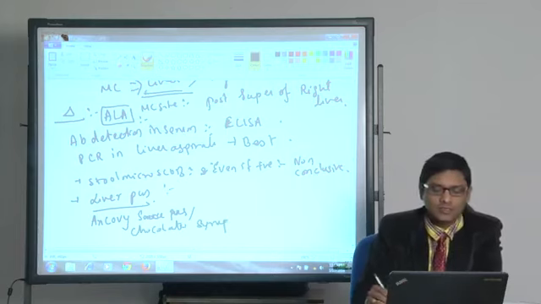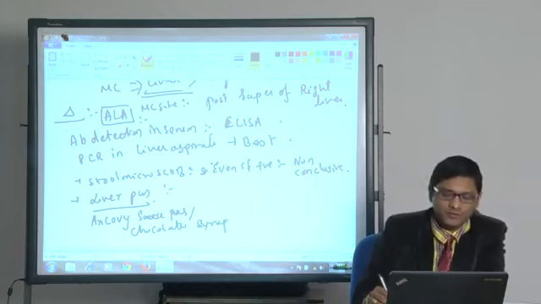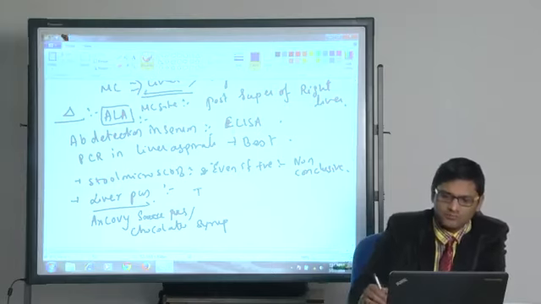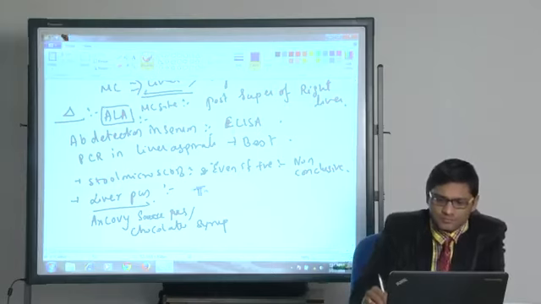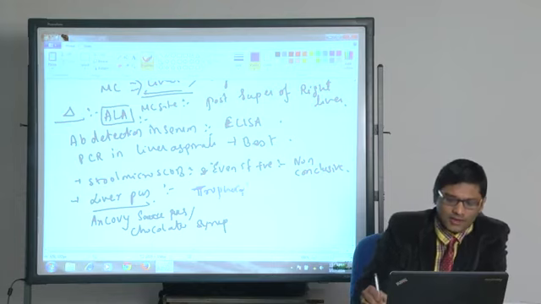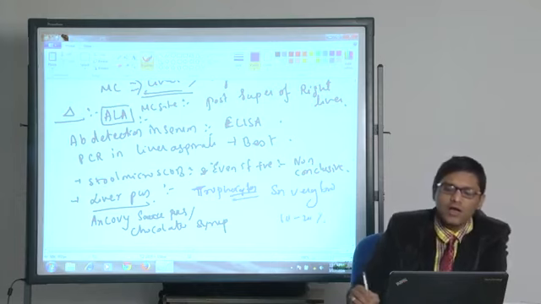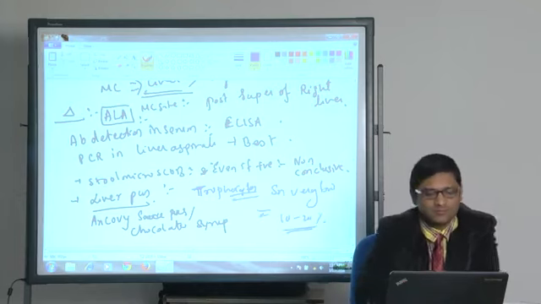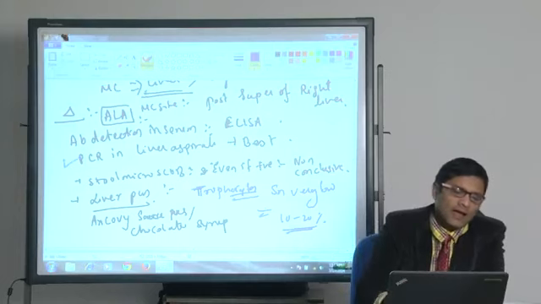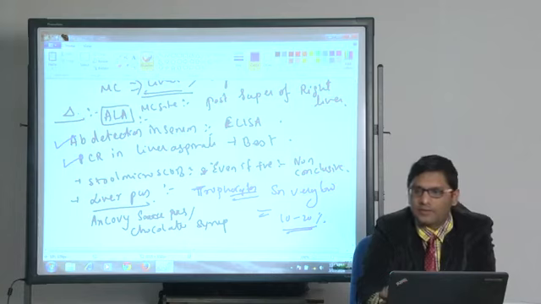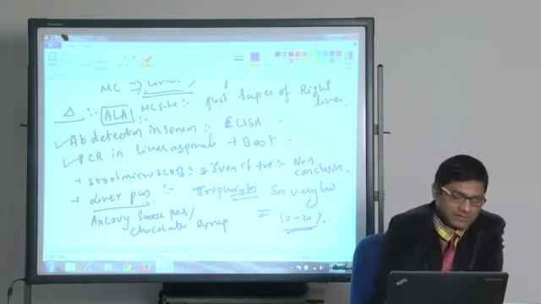If you do a microscopy of this pus, will you get trophozoites or cysts or both? Only trophozoites are seen, never cysts, but the sensitivity is very low, maybe 10 to 20%. So, PCR and antibody detection in serum are the better methods for diagnosis of amoebic liver abscess.